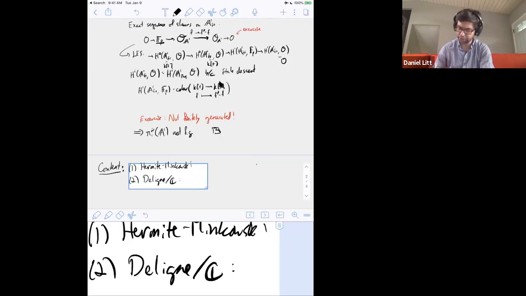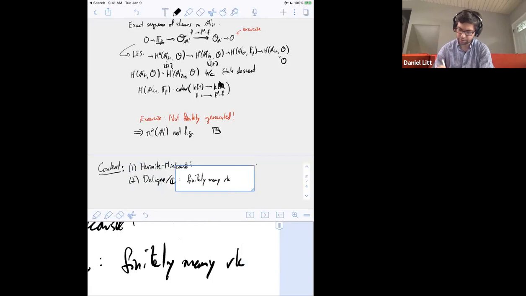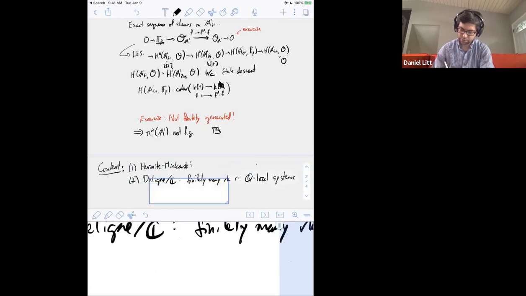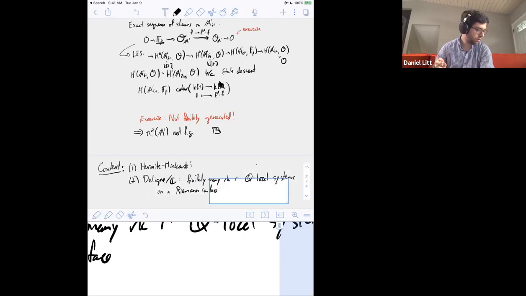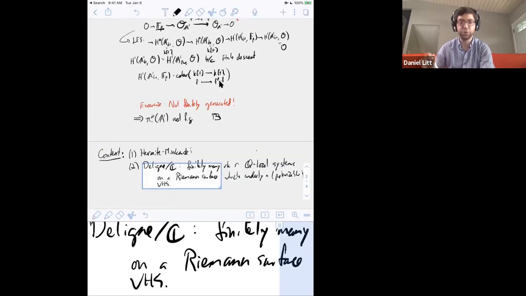So Deligne showed that there are finitely many rank R Q local systems on a Riemann surface which underlie a polarizable variation of Hodge structure. Okay, and if you don't know what that means, that's okay.